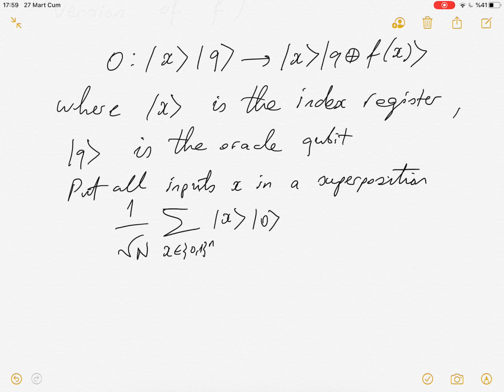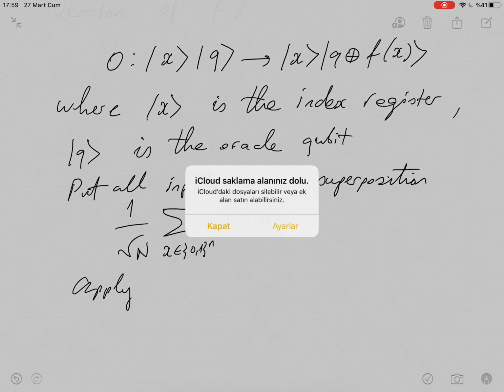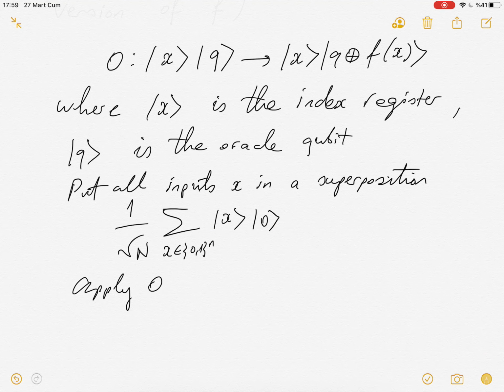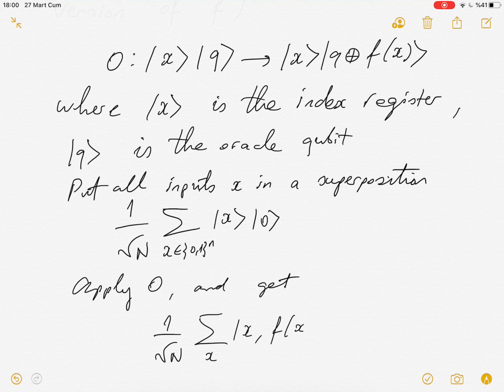Now, if we apply the oracle O to this input, then we simply get 1 over square root n, summation over x, ket x, ket f of x.